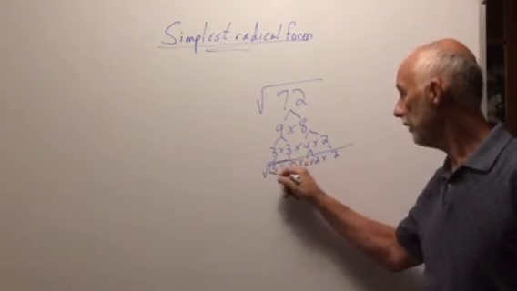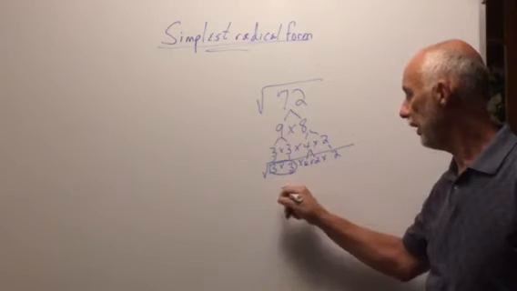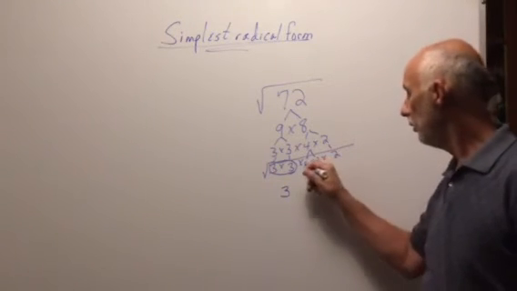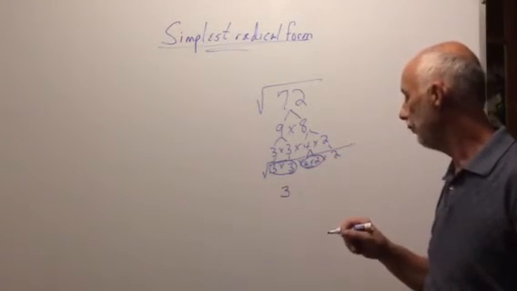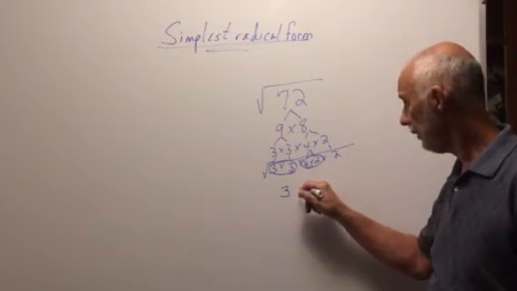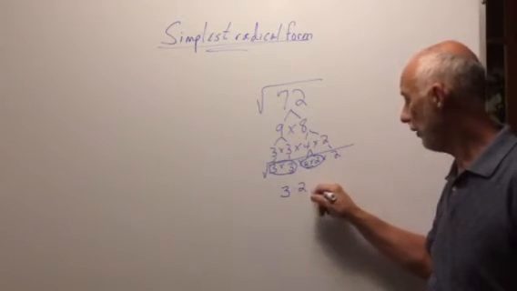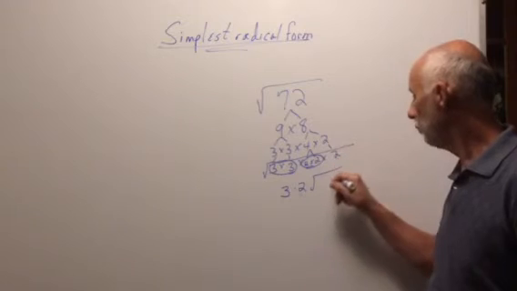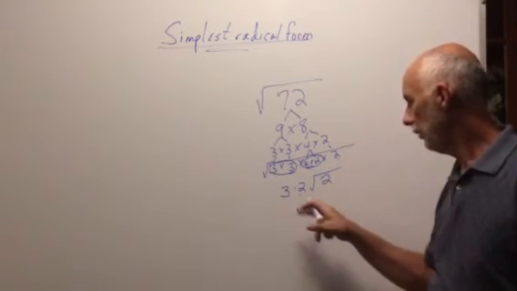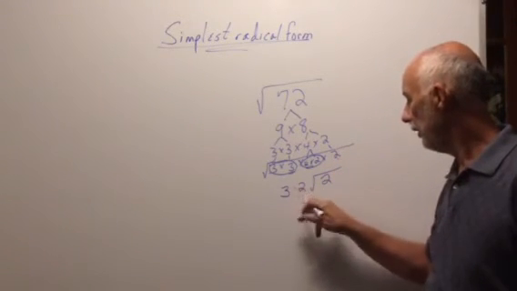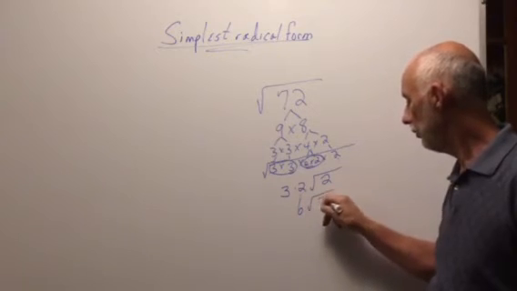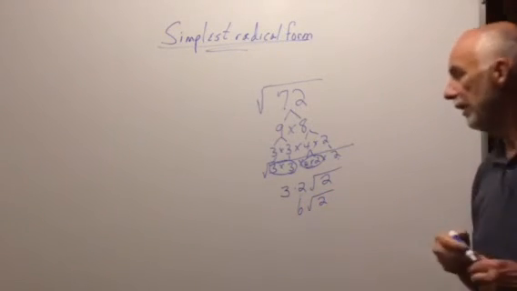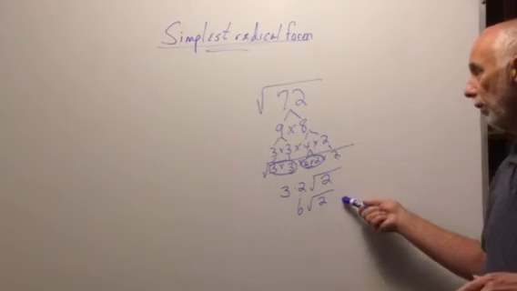So 3 times 3 is 9, the square root of 9 is 3, I can take it out from under the radical. 2 times 2 is 4, the square root of 4 is 2, I could take it out from under the radical. And that leaves me with just one 2 under the radical. Now 2 times 3 is 6, square root of 2. And again, that's in simplest radical form.